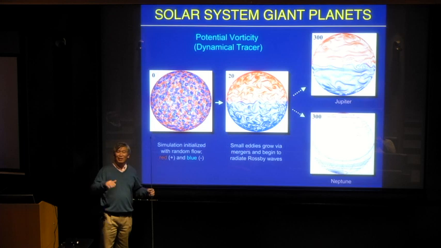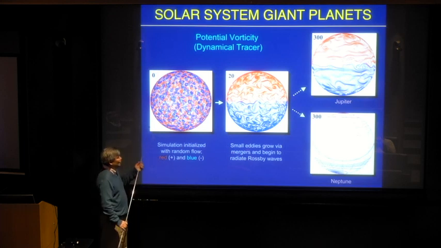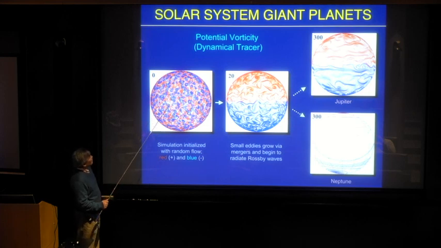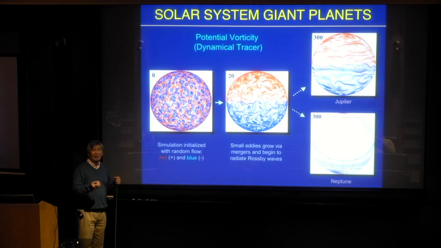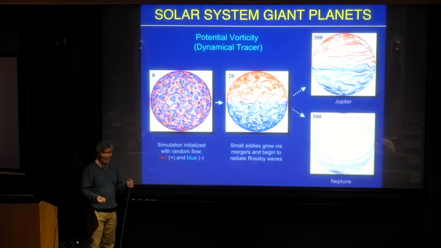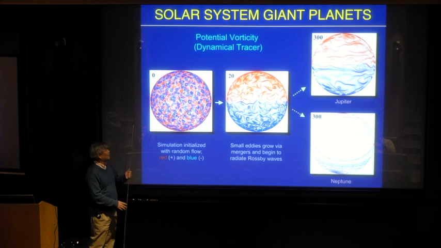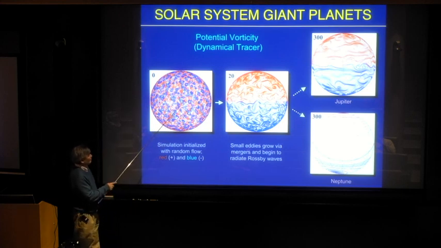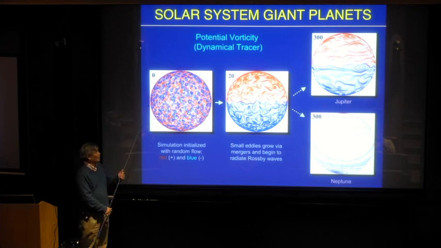This is the fully horizontally divergent shallow water equation. And the experiment you're seeing is using the known observable physical parameters for the giant planets and nothing else. You initialize your calculation with small-scale random vorticity, where plus is co-rotating and blue is counter-rotating, so plus and minus signs.